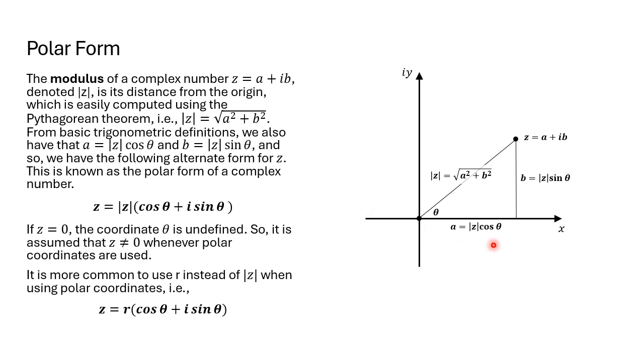That just follows from how we've labeled or represented the a and b parts, the real and imaginary parts of the complex number. A lot of times the text will use r instead of this notation here. So I'm showing both, but I think I'll normally be using this one on the bottom.